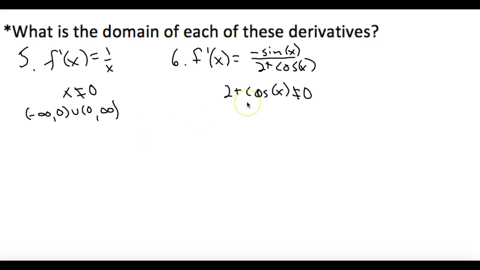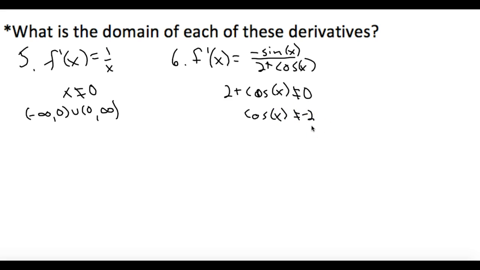All right, so then I could subtract my 2 over and say, well, cosine of x cannot equal -2. So what I want to find is, well, what values of x here would make this equal to -2. So cosine of what equals -2?